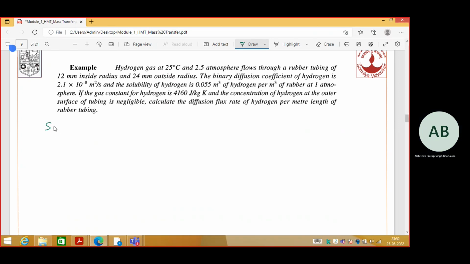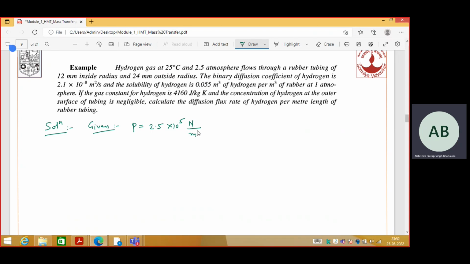First of all, we should write what is given in the problem. The pressure is given, that is 2.5 atmosphere. Let's convert this into Newton per meter square, so we multiply by 10 to the power 5.